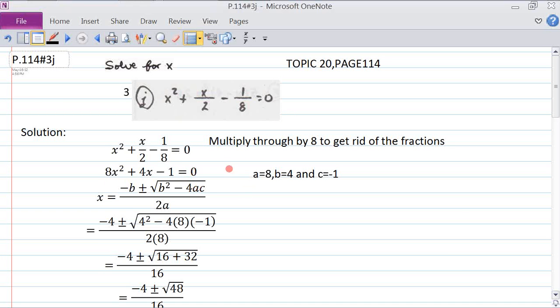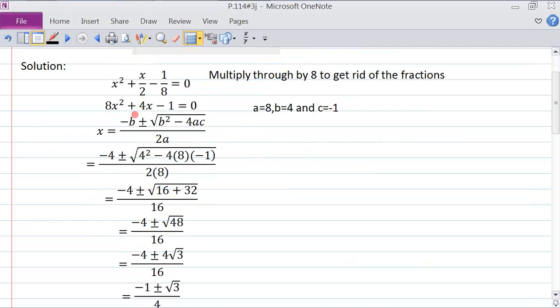So now we have this equation. In this case, a is the coefficient of x squared, which is 8. b is the coefficient of x, which is 4, and c is minus 1. If we put that into the quadratic formula, we get minus 4, b is 4, b squared will be 4 squared, minus 4, a is 8, and c is minus 1.